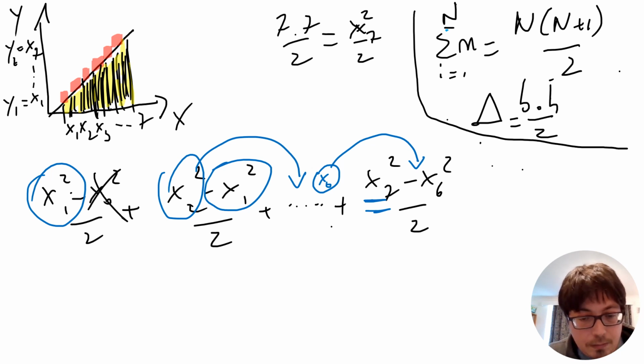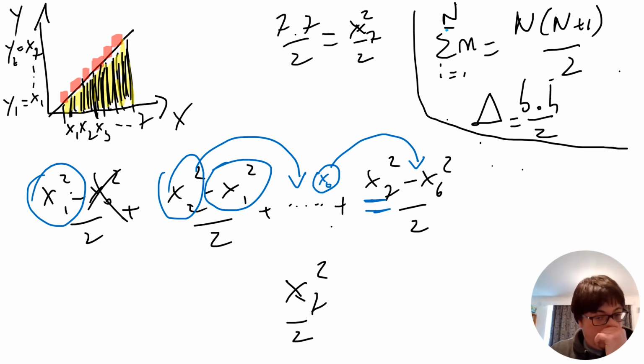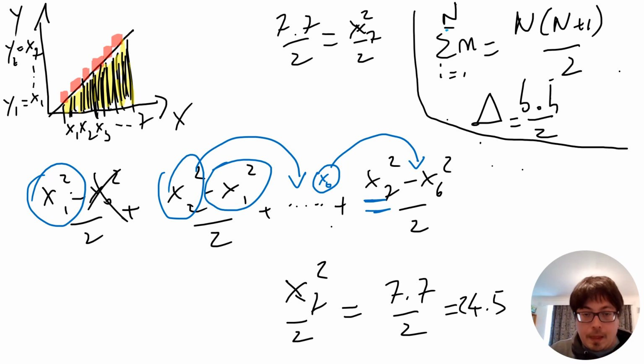Let me write in black, x sub 7 squared divided by 2, which is the actual correct value of the area that we want, because it's 7 times 7 divided by 2, and this is 24.5.